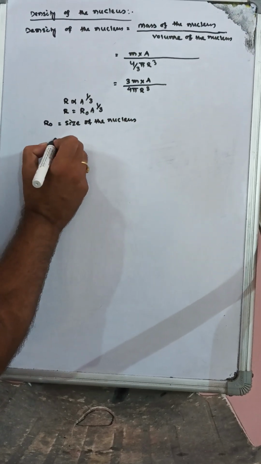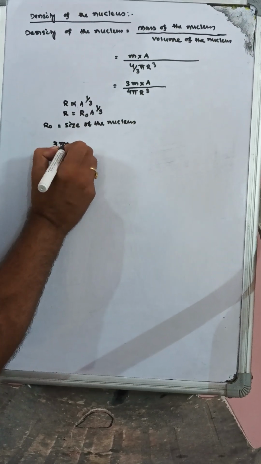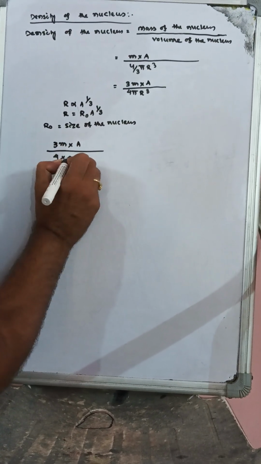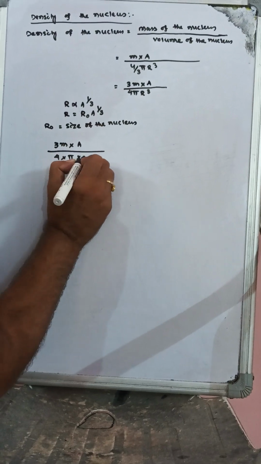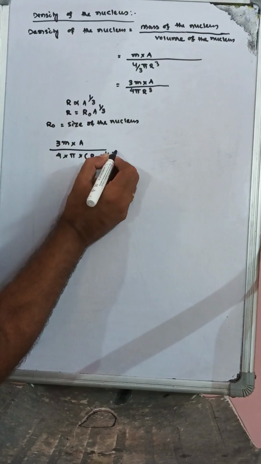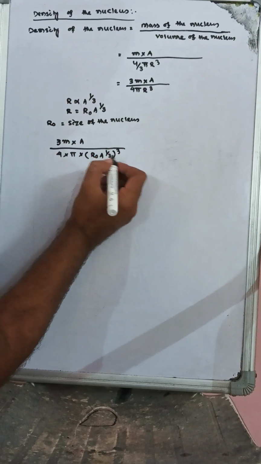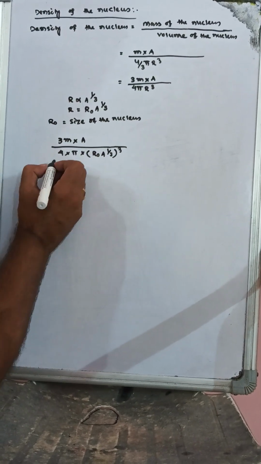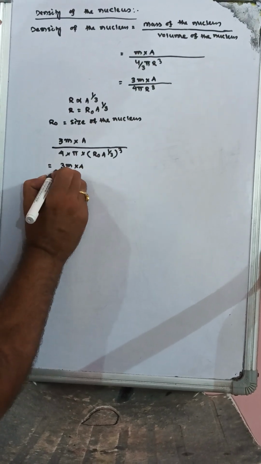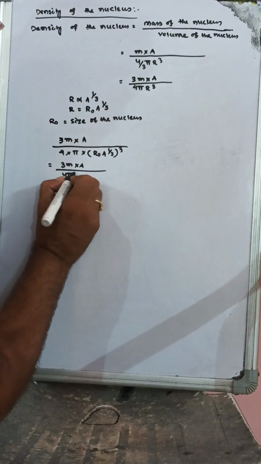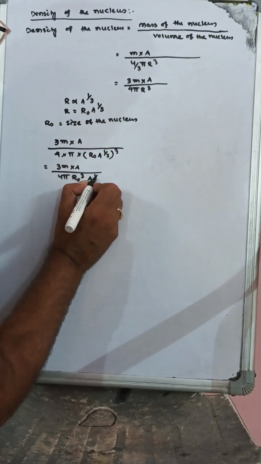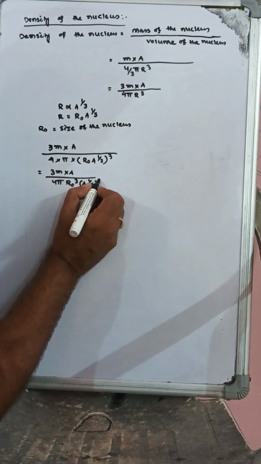Then 3m into a divided by 4 into pi into r0 a to the power 1 by 3 whole to the power cube is equal to 3 into m into a divided by 4 pi r0 cube into a to the power 1 by 3 whole to the power cube.